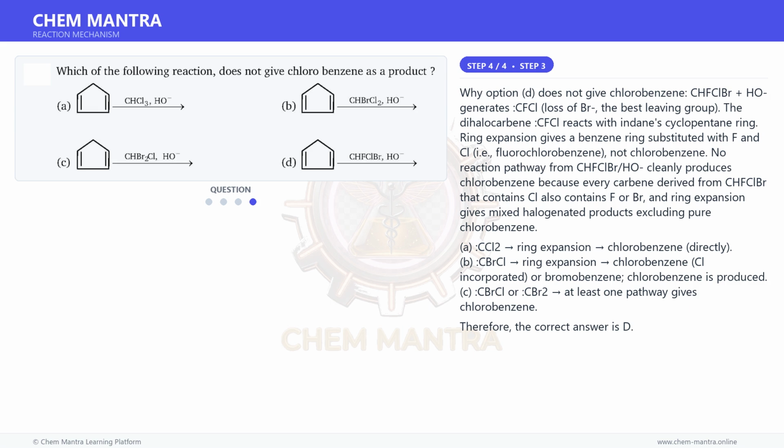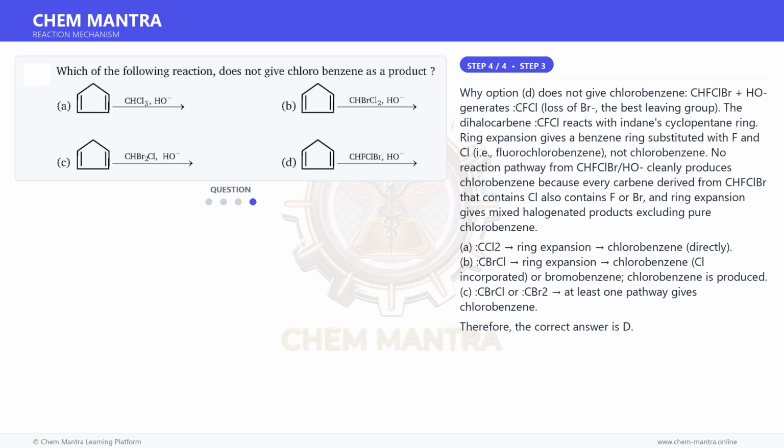Ring expansion gives a benzene ring substituted with F and Cl, i.e., fluorochlorobenzene, not chlorobenzene. No reaction pathway from CHFClBr and HO- cleanly produces chlorobenzene, because every carbene derived from CHFClBr that contains Cl also contains F or Br, and ring expansion gives mixed halogenated products excluding pure chlorobenzene.